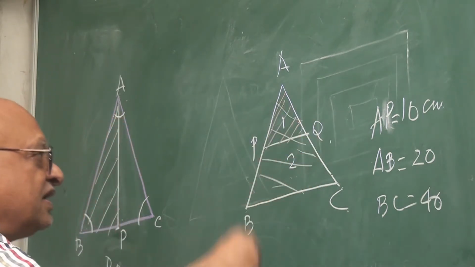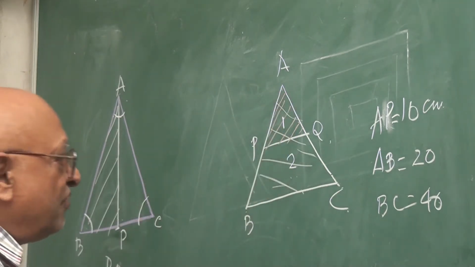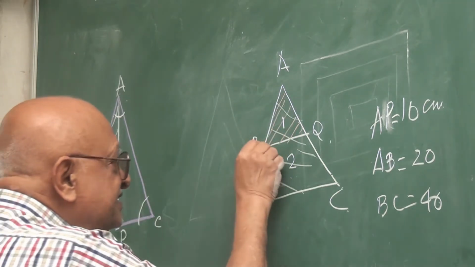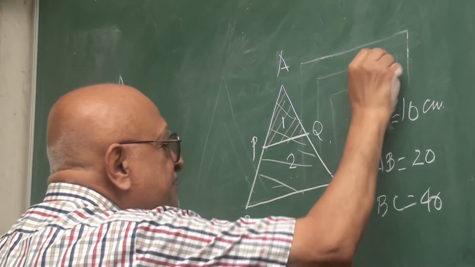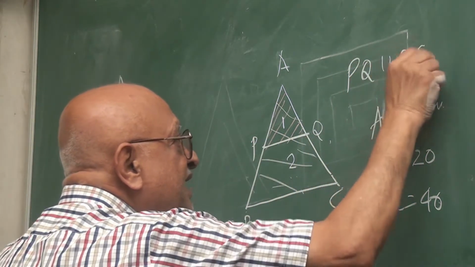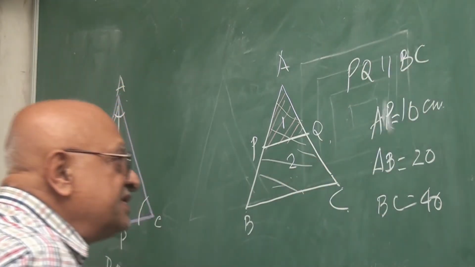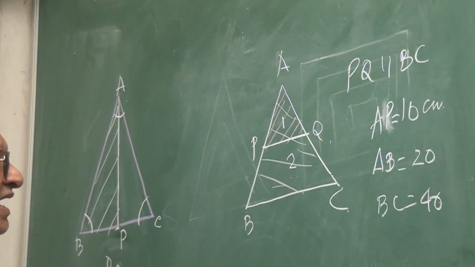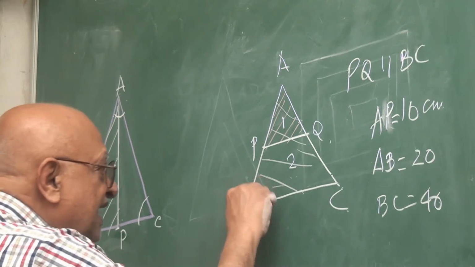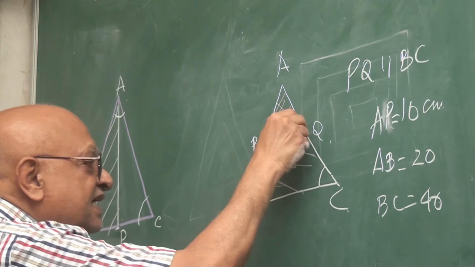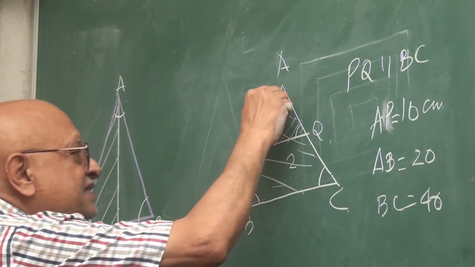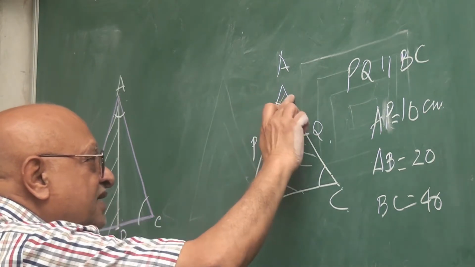Triangle 2 covers triangle 1. It is also given that PQ is parallel to BC. Then this angle and this angle are corresponding angles, and this angle is common to both the triangles.